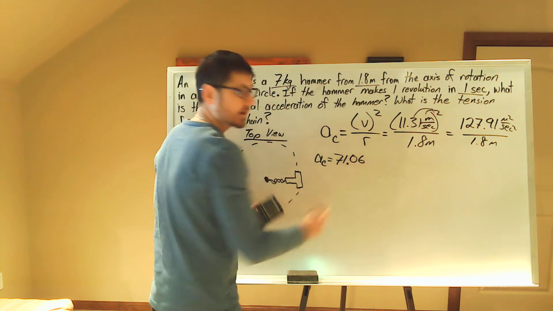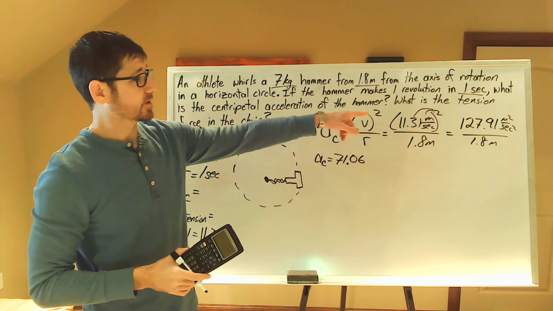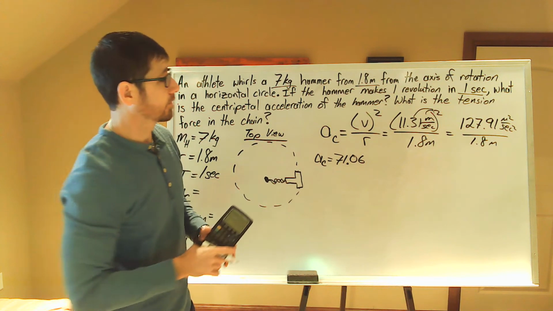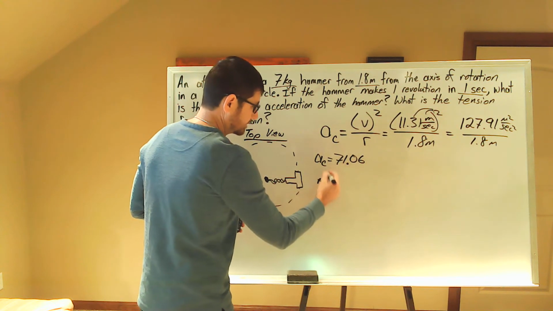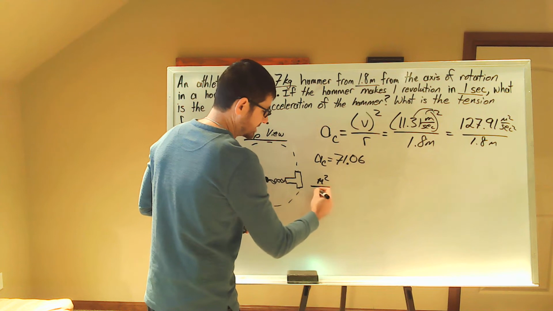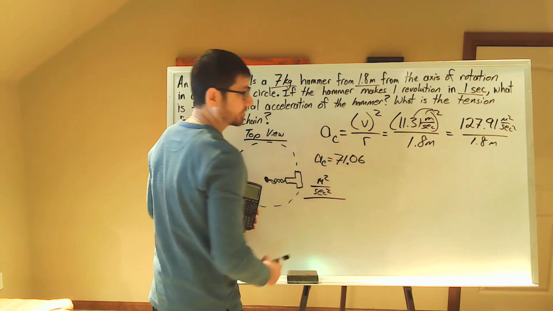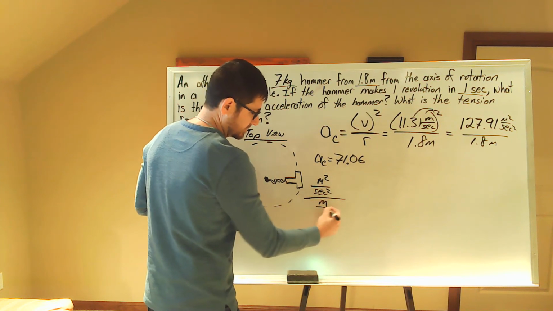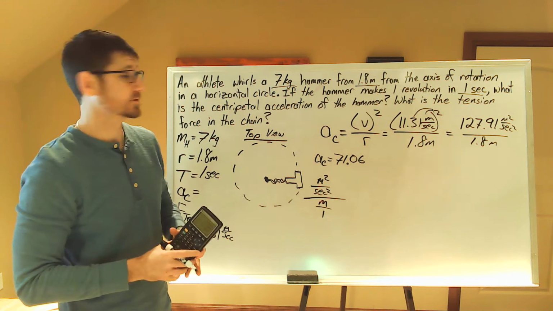Now let's take a look at our units here. Our units in the numerator are meters squared per second squared. We're dividing by meters, which algebraically is meters over 1.